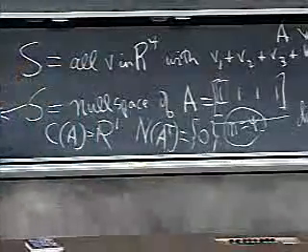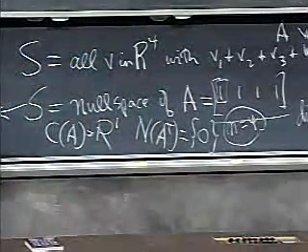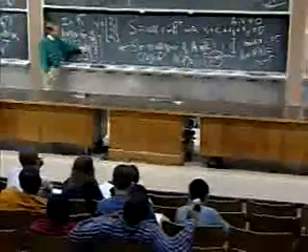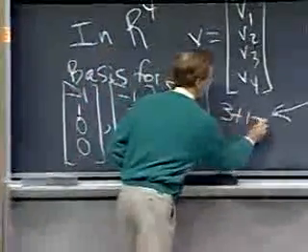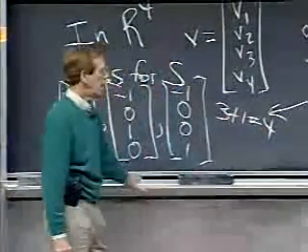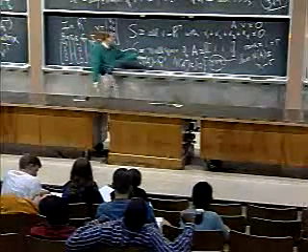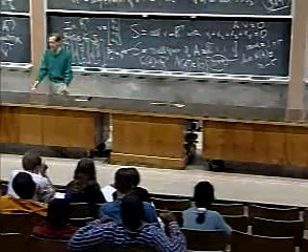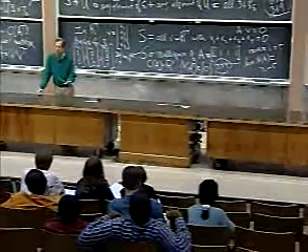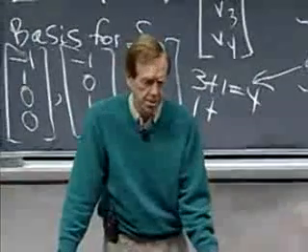Okay, so let's just check dimensions. The null space has dimension 3. The row space has dimension 1. 3 plus 1 is 4. The column space has dimension 1. And what's the dimension of this smallest possible space, the 0 space? It's a subspace.